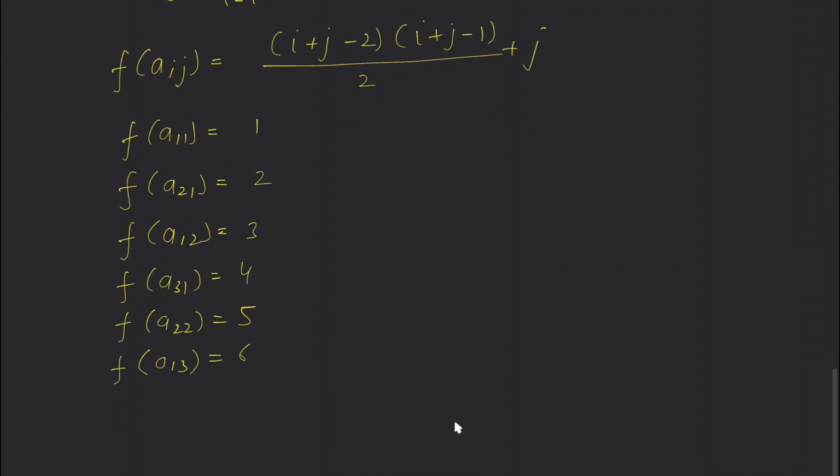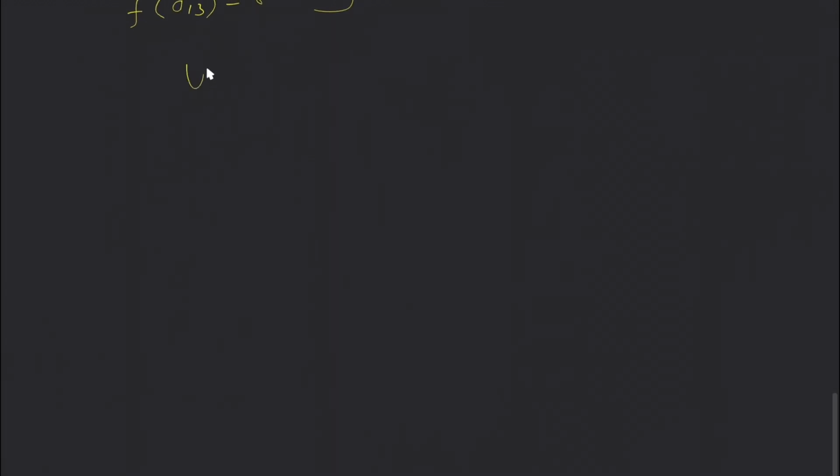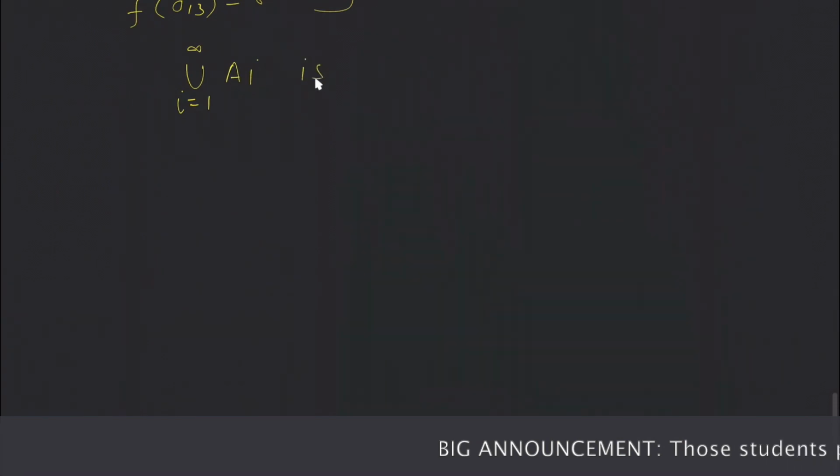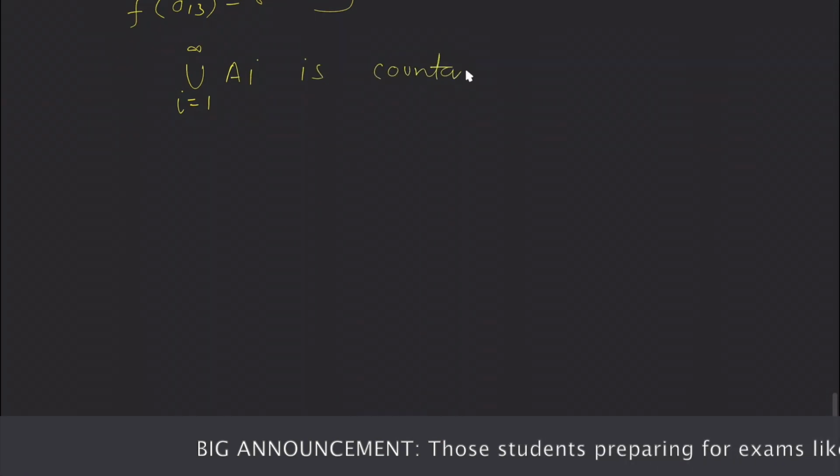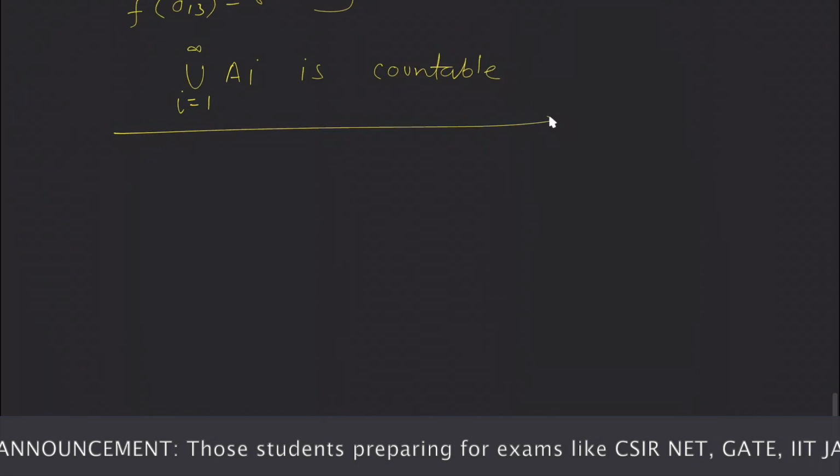You can see that every element of the union set is mapped to a natural number. And you can easily show that this mapping f is one-one and onto. So when this mapping f is one-one and onto, we can say that the union set is countable. And this is what we had to prove.